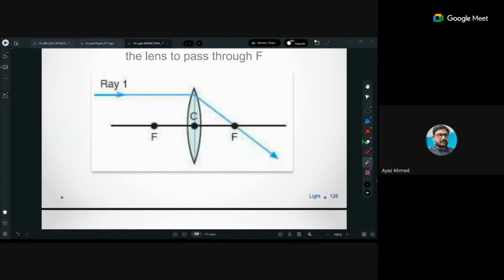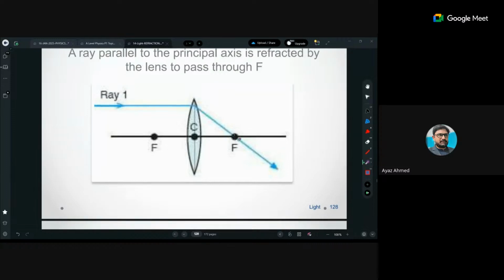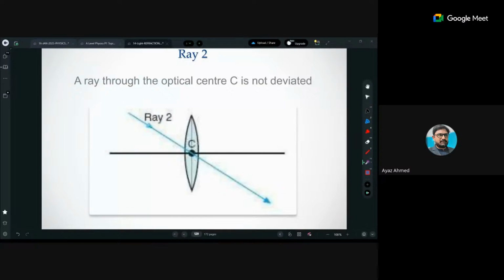It is mandatory that this is passing through principal focus. Ray number two, which is falling on optical center, it will never bend and it will pass undeviated.